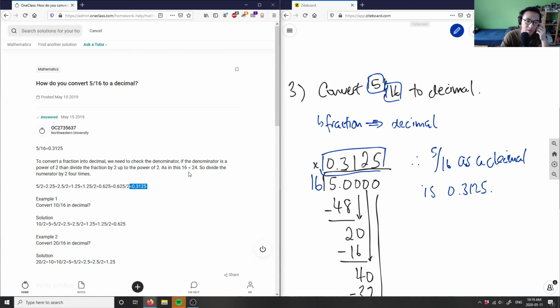This solution here, I'm not particularly fond of it just because it does get very, very messy when you're dividing decimals by 2 here. Like 0.625 divided by 2 is, how do you know it's 0.3125? So you basically have to do a long division again.